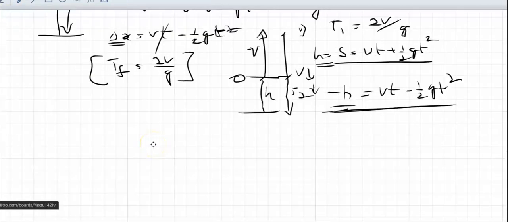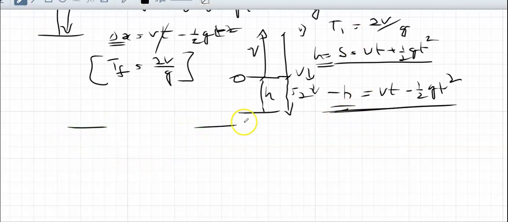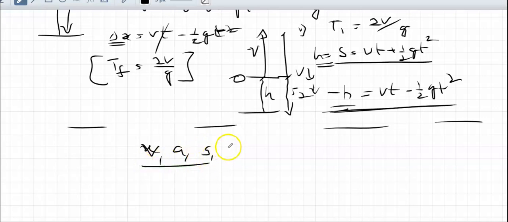I will discuss another idea, the same problem, but I'll look at it in a different way. Suppose we have a problem in which u, the initial velocity, is given, the acceleration is given, and the displacement is given, and we have to find the time.